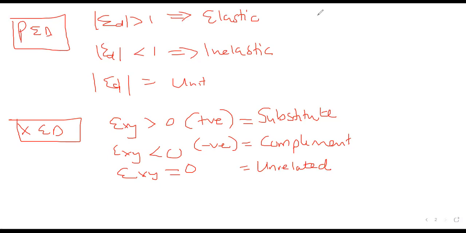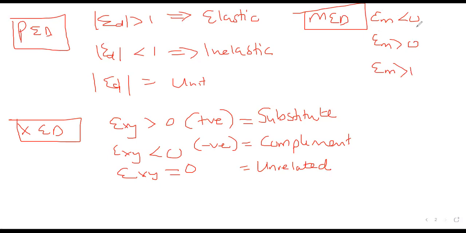Then when we go to income elasticity of demand, we also have 3 key criteria. If income elasticity is less than 0, what do we call it? If it's greater than 0? If it's greater than 1? So less than 0, we call it inferior, because it's negative.